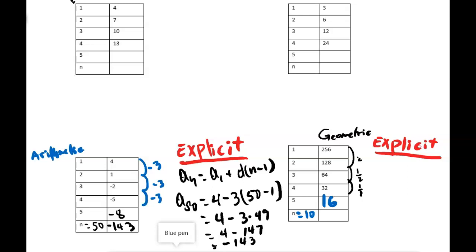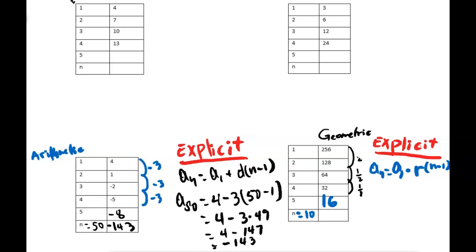The explicit formula says that a sub n equals the first term times the common ratio raised to the power of n minus 1.